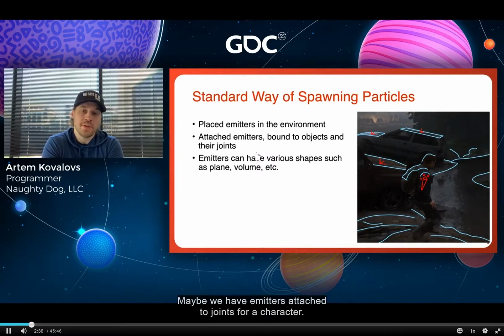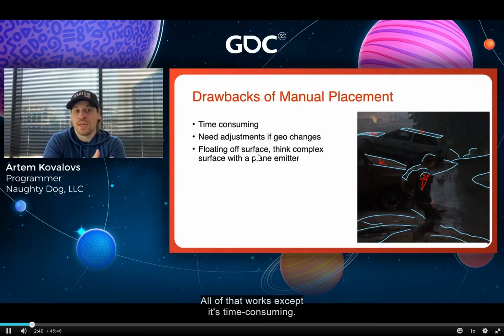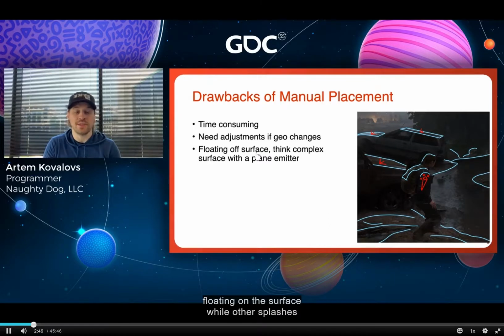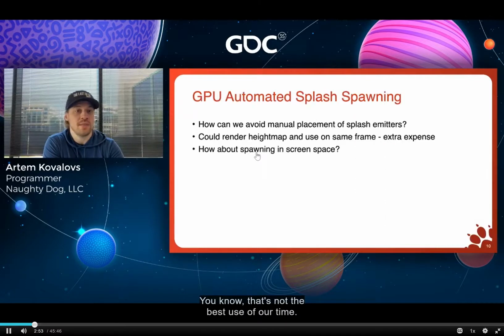Maybe we have emitters attached to joints for the character. All of that works, except it's time consuming and it needs adjustment whenever the geo changes. Ultimately you will end up with some splashes floating above the surface while other splashes are embedded in the surface. That's not the best use of our time.